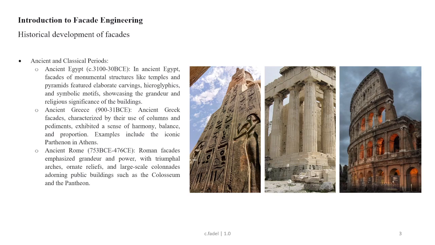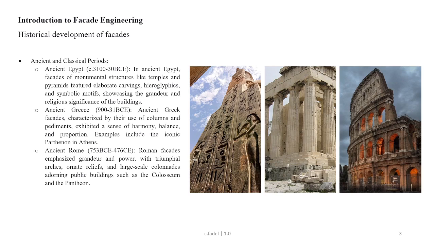This symmetry and attention to detail not only enhanced the visual appeal but also symbolized the Greek philosophical ideals of order and beauty, leaving a lasting influence on Western architectural traditions. As you can see, most of the buildings right now in the West have this kind of Doric or Corinthian column, supported by entablatures.